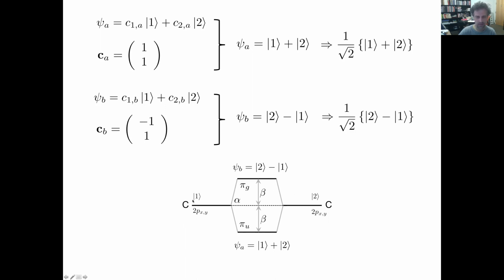Again, it doesn't matter if you have 1 minus 2 or 2 minus 1, because the naming of these two atomic orbitals is arbitrary. If I flip the molecule around, it's still the same molecule, you would basically flip these signs around as well. Okay, so the naming of these two carbon atoms is arbitrary. This could be 2, and this could be 1. It's still the same molecule, right? Physically, nothing changes. So the negative sign doesn't change the physics of the problem.